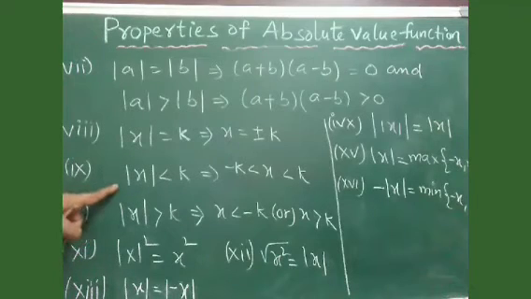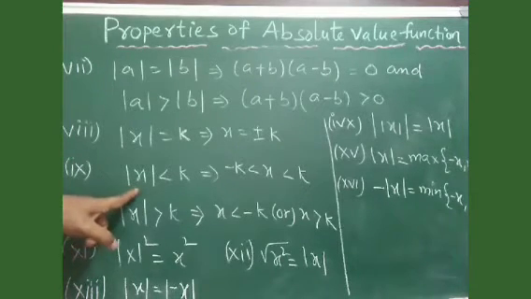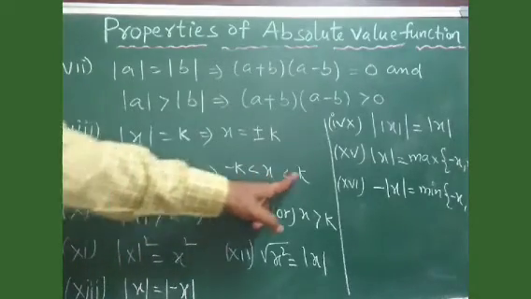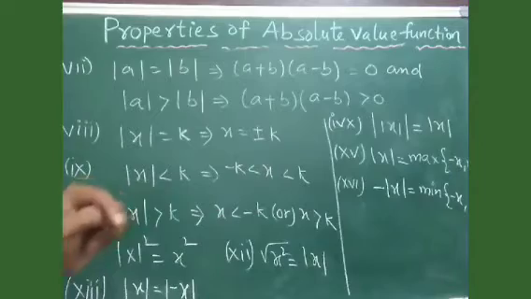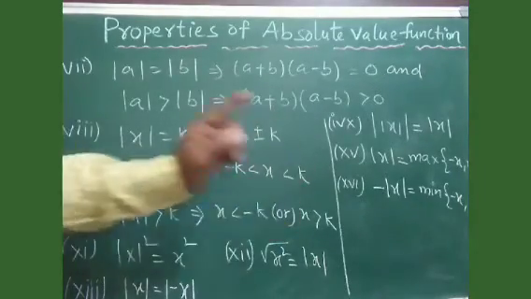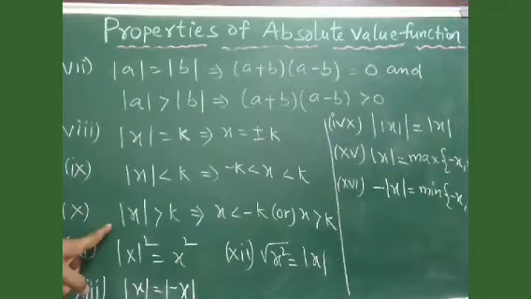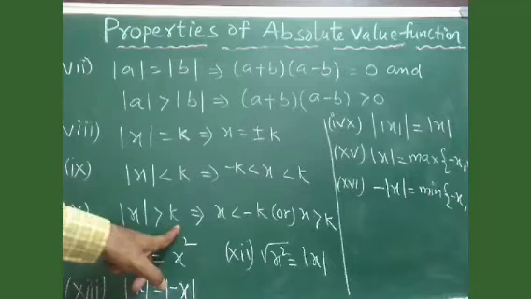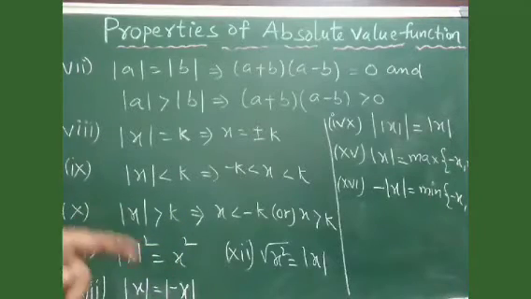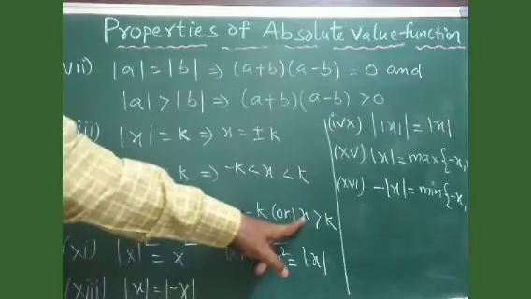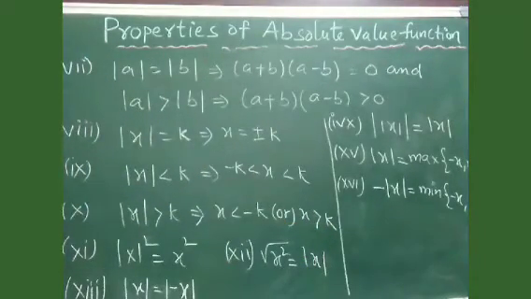And this we also discussed in the last video, that modulus of x less than k implies x lies between minus k and k, that is, minus k less than x less than k. Even the 10th one, modulus of x greater than k, which we also discussed in the last video, then we can say that x is less than minus k or x is greater than k.